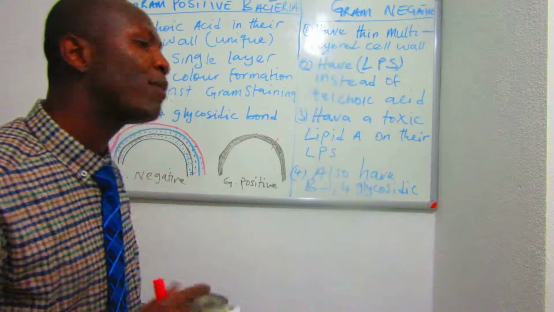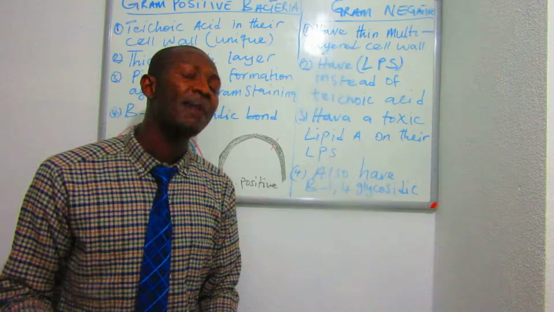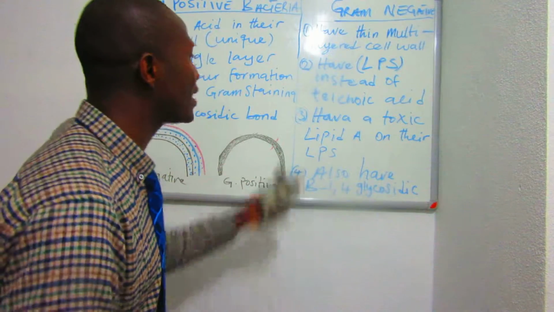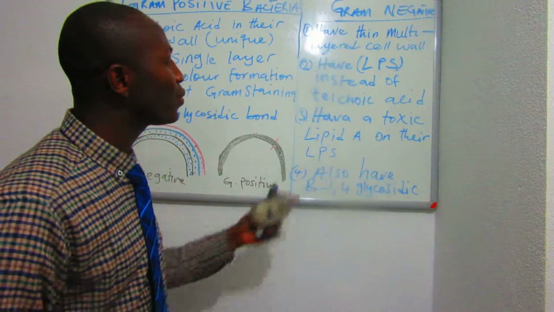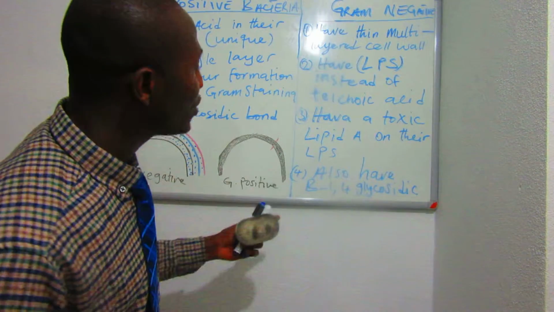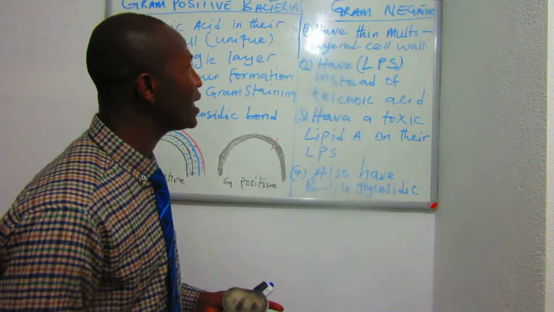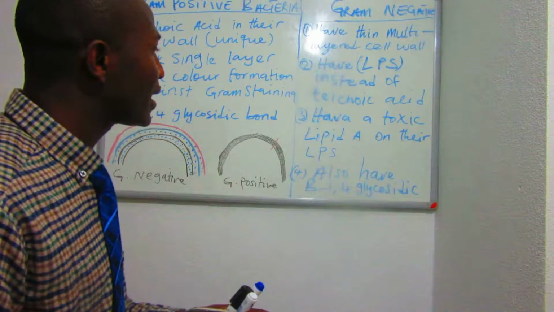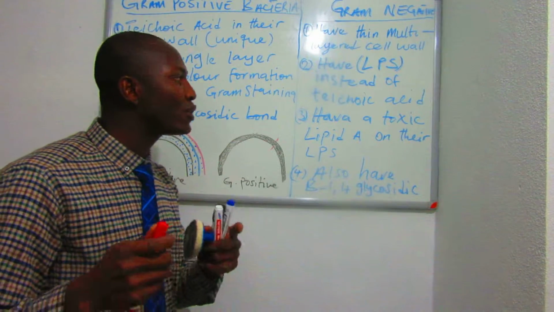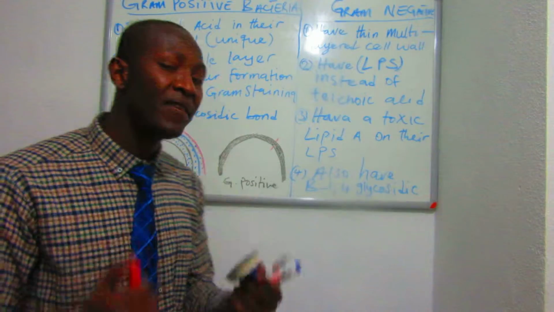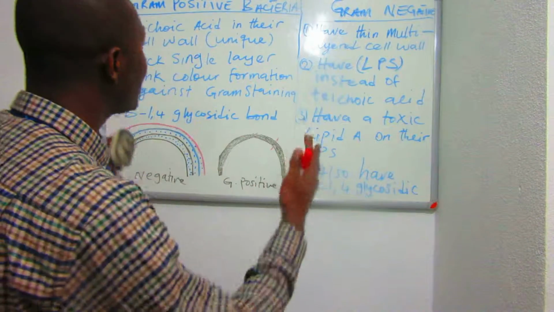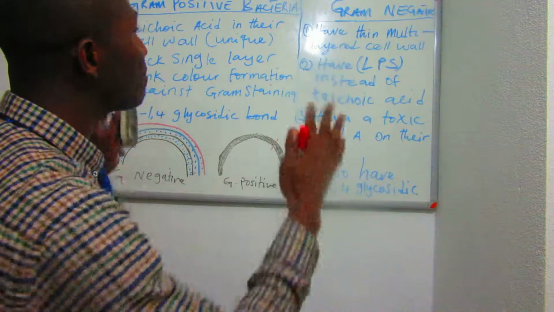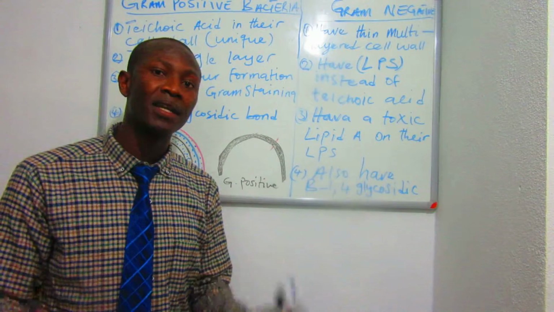In this lipopolysaccharide, gram-negative bacteria normally have a substance that we call endotoxin. This endotoxin is very, very toxic to organisms. So basically, these are the main differences between gram-positive bacteria and gram-negative bacteria.